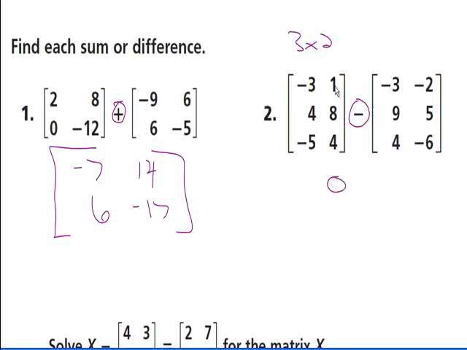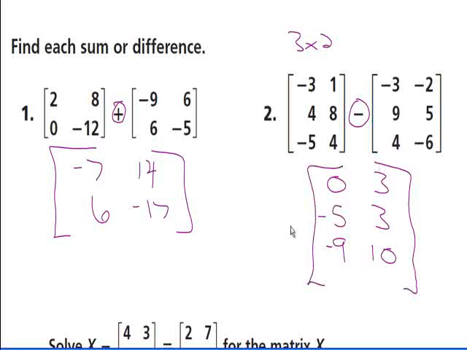I have 1 minus negative, so that's going to be 3. 4 minus 9 is negative 5. 8 minus 5 is 3. Negative 5 minus 4 is negative 9, and I have 4 minus negative 6, that's plus, that's 10. So 3 rows, 2 columns. Final answer there.